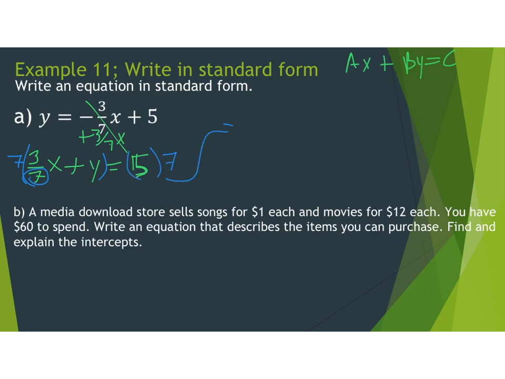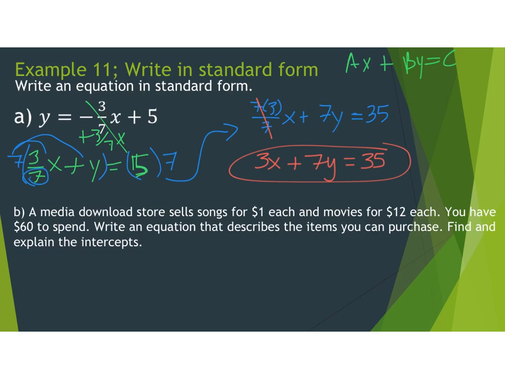So that gives me the equation, distributing in the 7 over here, is going to be 7 times 3 over 7 x plus 7y equals 5 times 7, which is 35. Now, obviously, we simplify that, and the 7's cancel out there, leaving me with 3x plus 7y equals 35. And that would be your standard form equation.